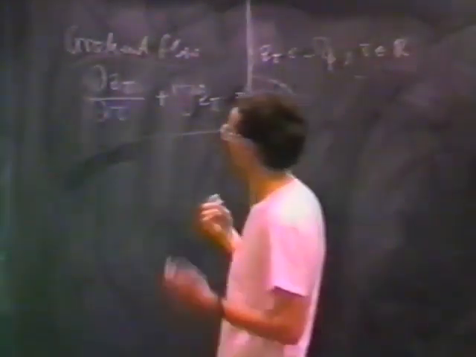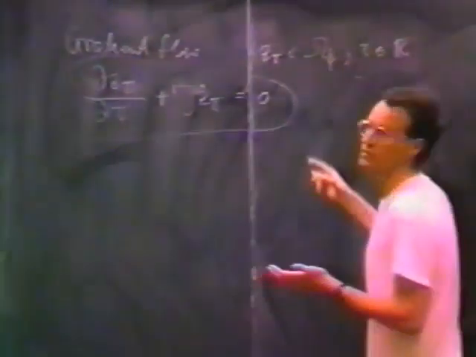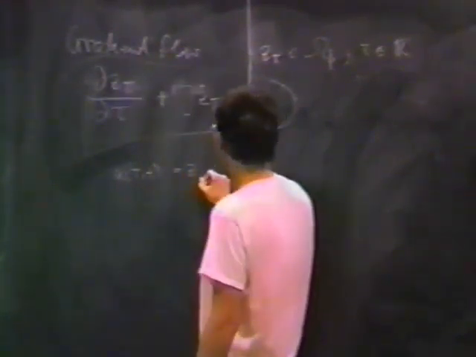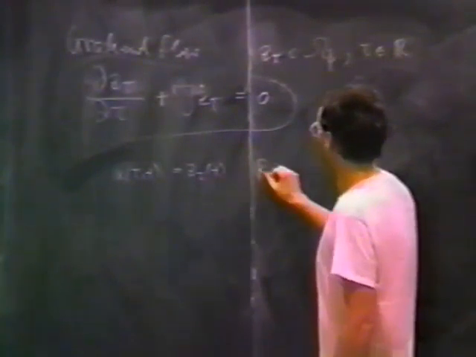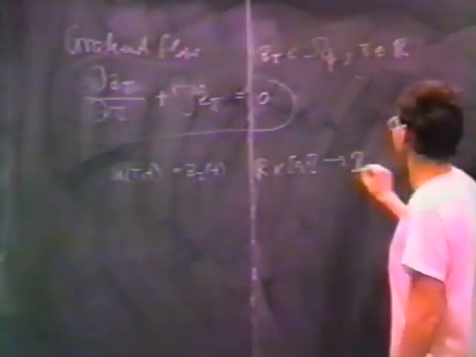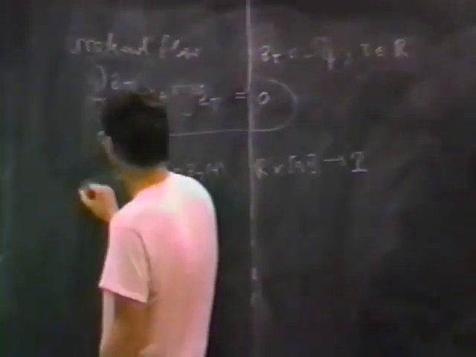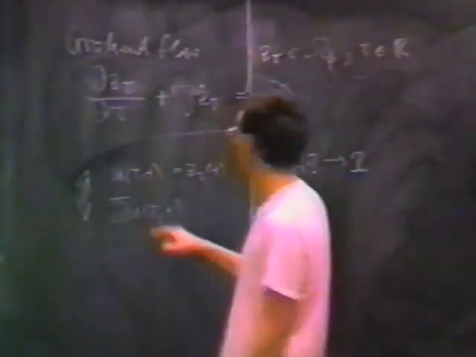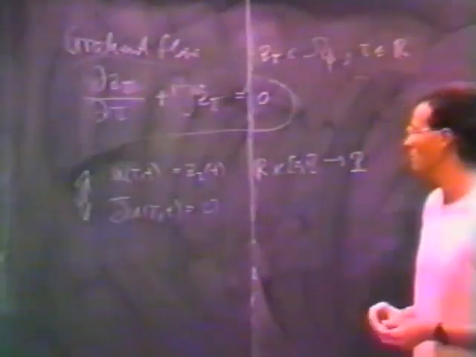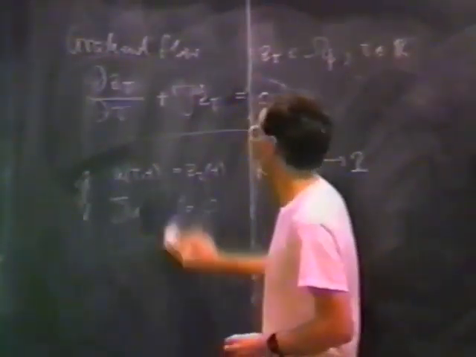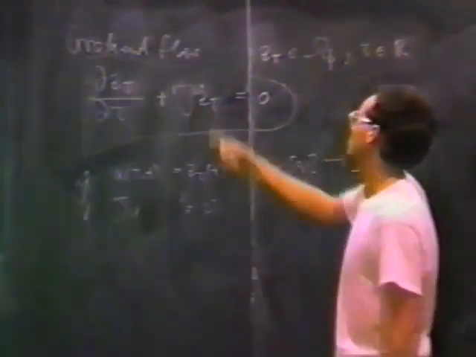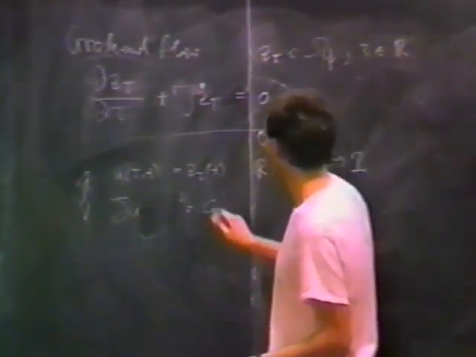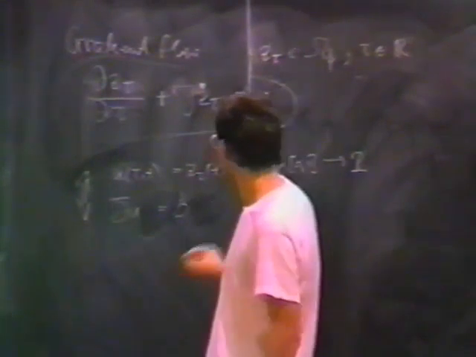If I define the whole family of these as a new map called u, defined as z tau of t, a map from R cross [0, 1] to P, then this equation is equivalent to the Cauchy-Riemann equation: the partial derivative of u with respect to tau, plus J times the partial derivative with respect to t, equals zero, because J is an almost complex structure.